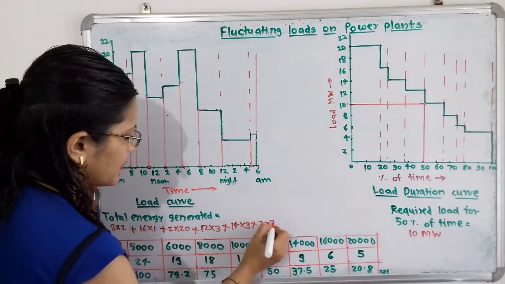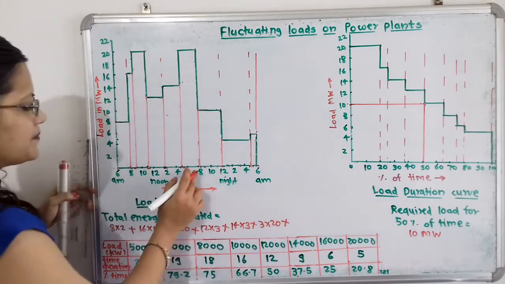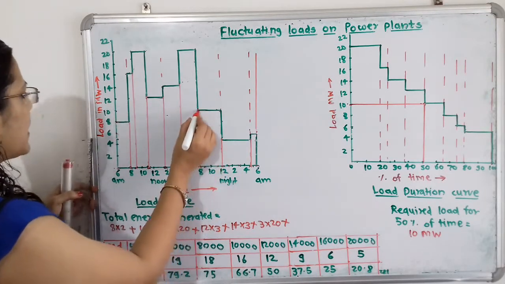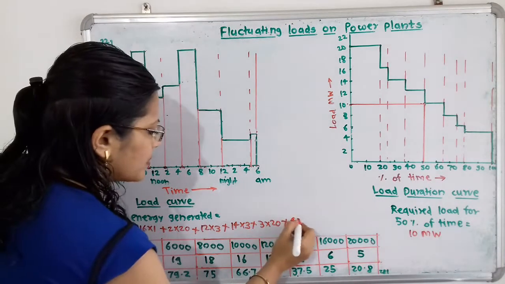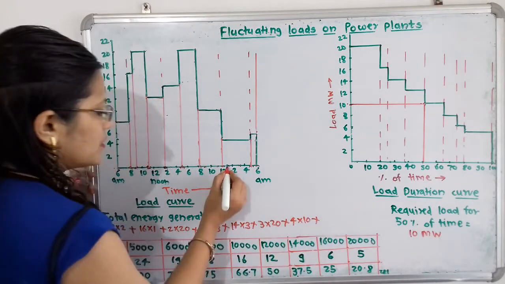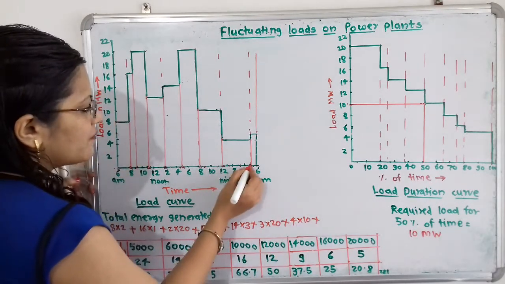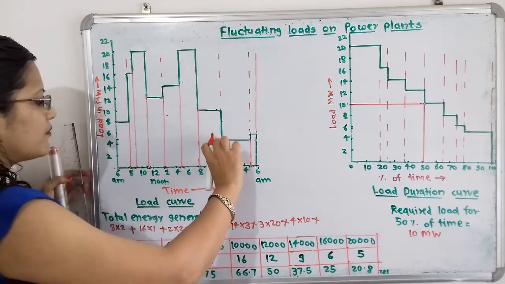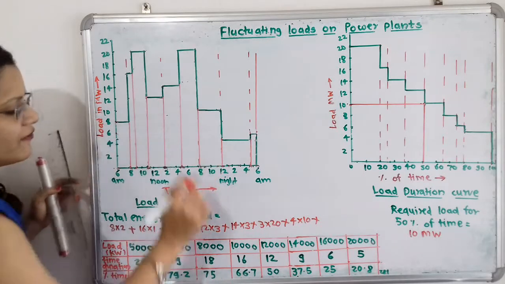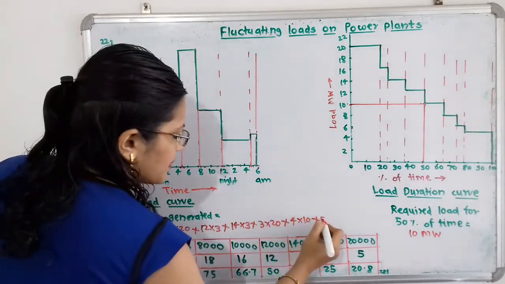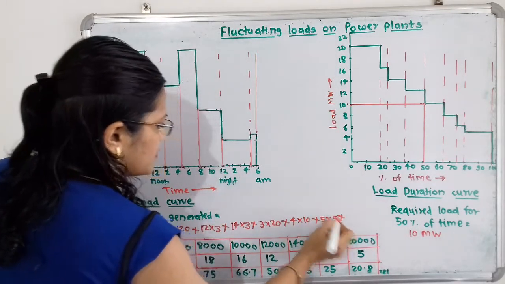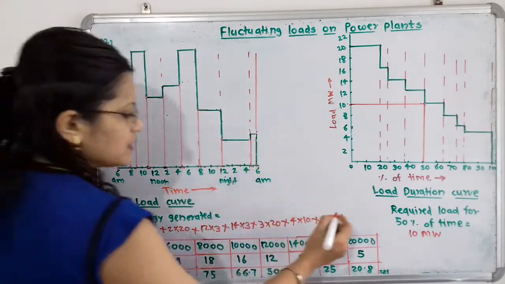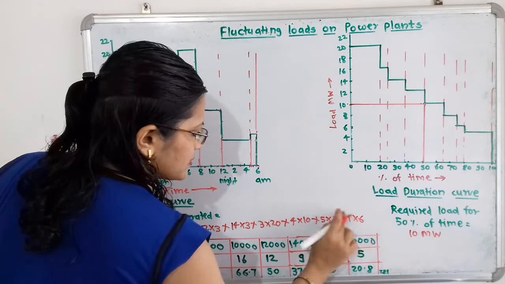So 3 multiplied by 20, plus again 8 to 12. Here 4 hours and load is 10. So 4 multiplied by 10, plus 12 to 5. Here 5 hour duration, and the vertical distance is for 5 megawatt. That is 5 multiplied by 5, plus 5 to 6, that is 1 hour, and here load is 6, that is 1 multiplied by 6.